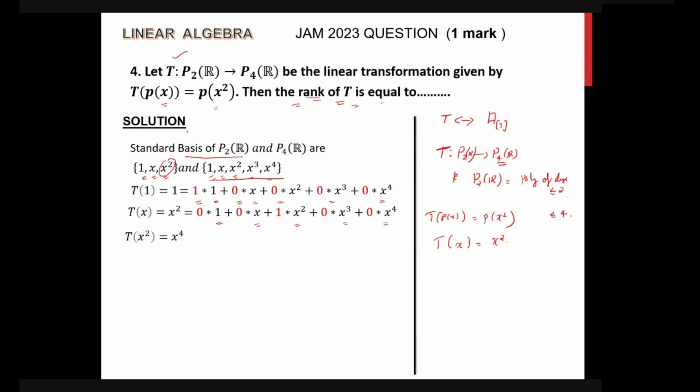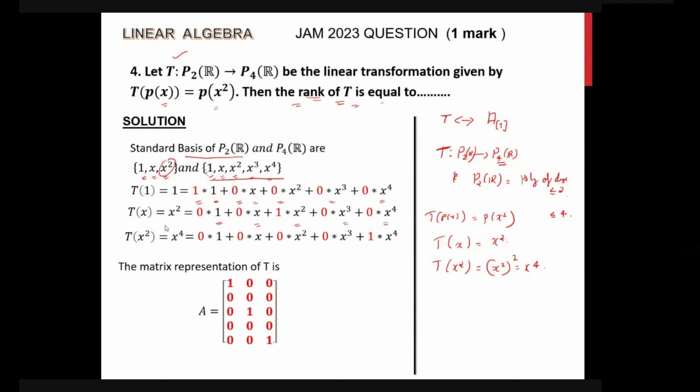T of x square is x square all square, that is x raised to 4, right? So x raised to 4 can be written as a linear combination of the basis elements of P4.